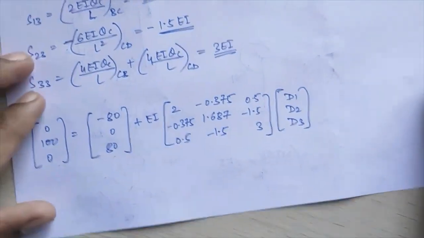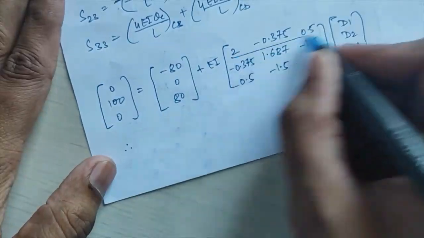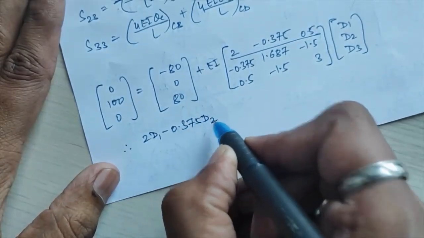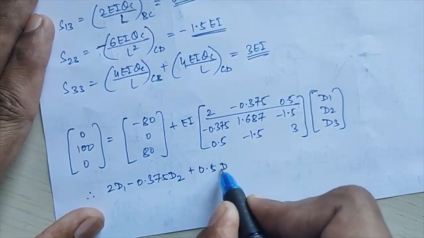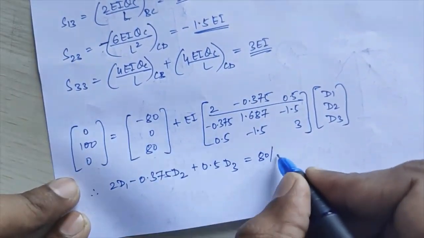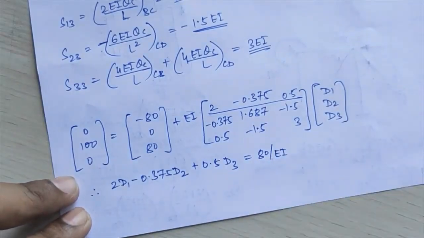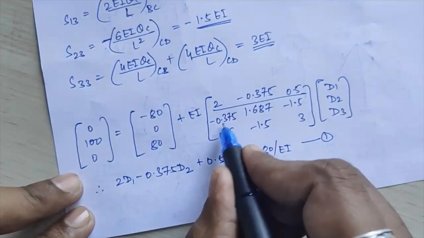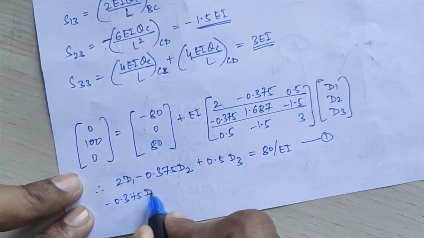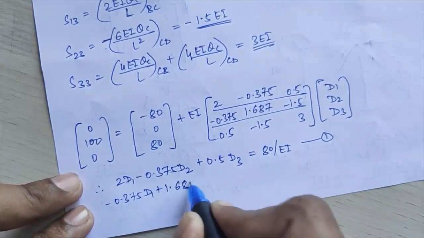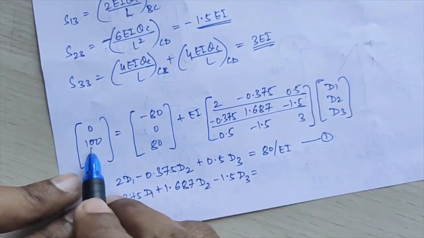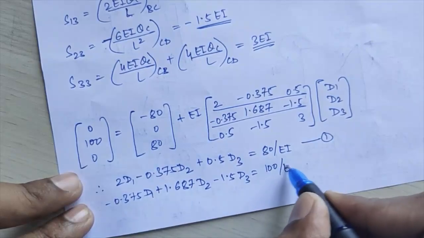Okay, so the equations I will get from this. First equation, first row multiplied by column, that is 2D1 minus 0.375 of D2 plus 0.5 times of D3 is equal to this 80. After going on RHS it will become positive, so 80 divided by EI. That will be our equation number 1. Next, second equation, second row multiplied by column again, minus 0.375 of D1 plus 1.687 of D2 minus 1.5 of D3 is equal to 0, and here you are having 100, so that will become directly 100 upon EI.